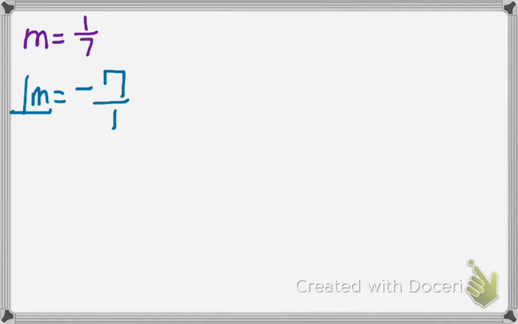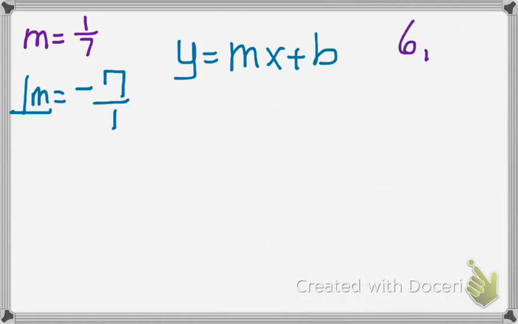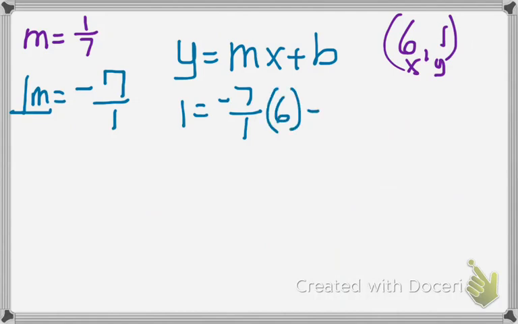Now, we're trying to write an equation of a tangent line. Let's use slope-intercept form. I'm going to rewrite 6, 1, because that was the point that it touches. I'll go ahead and plug in -7 over 1 for m, plug in 1 for y, and plug in 6 for x, plus b.